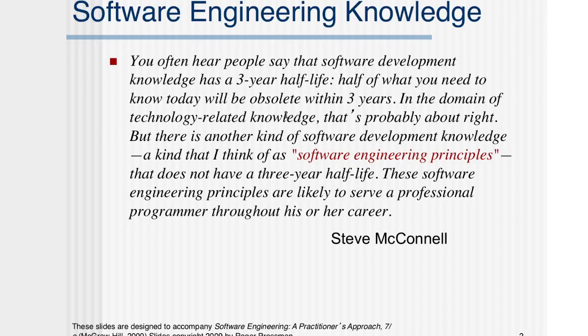The technology can be whatever languages you think, Python, Java, C++, maybe operating systems, Linux, Windows, and several others. Maybe nowadays cloud technologies, whatever you are learning. All these can be considered as technology related knowledge that you are gaining.